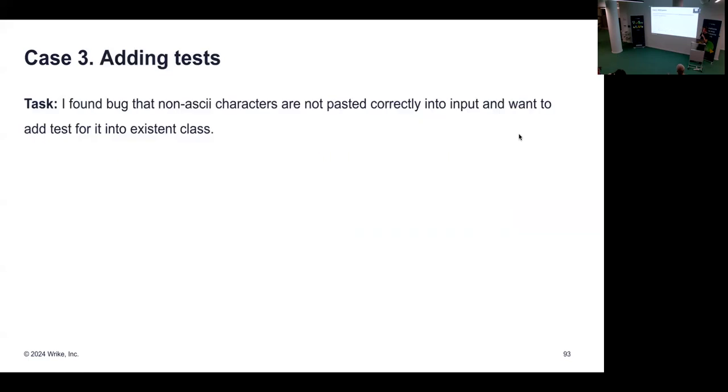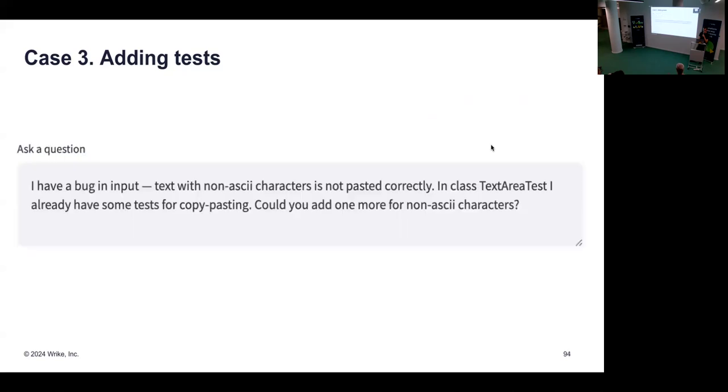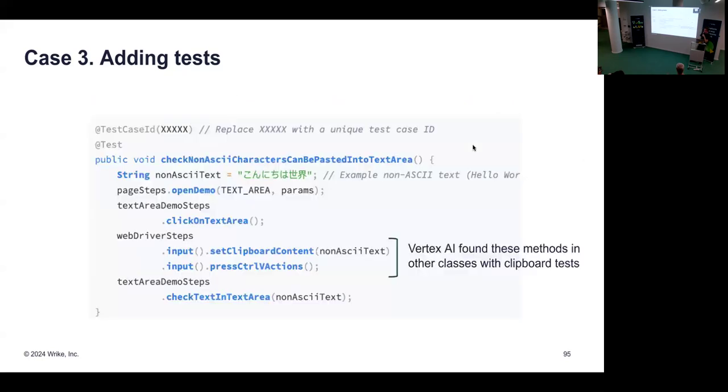Another case with test writing: I found a bug that non-ASCII characters are not passed correctly into input, and I want to add a test for it into an existing class. I asked it to add a test, and it did generate the code. And again, you can see that it uses our code style, and it even found some methods in other classes with clipboard tests and wrote this test.